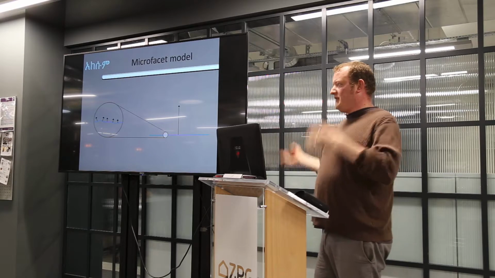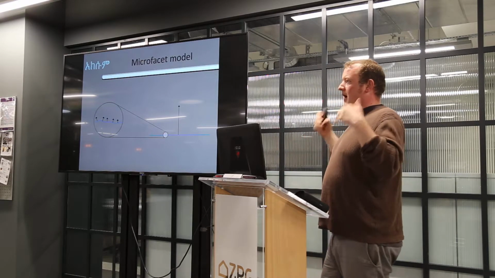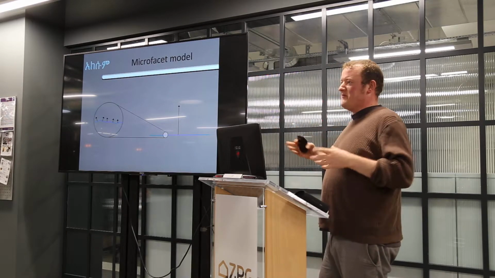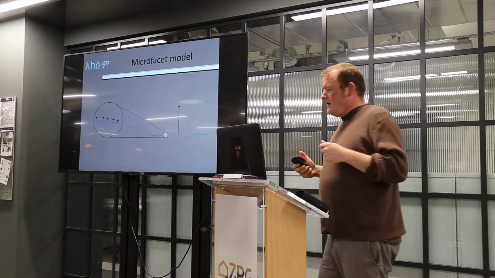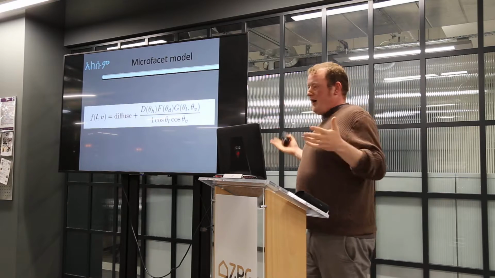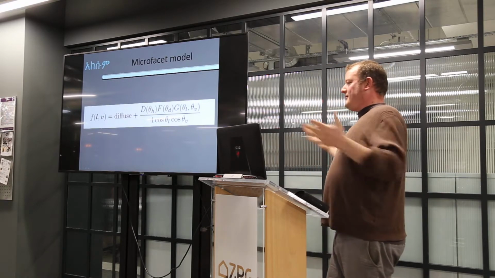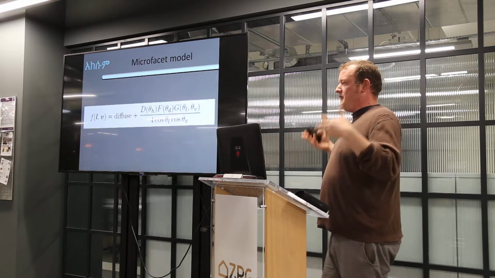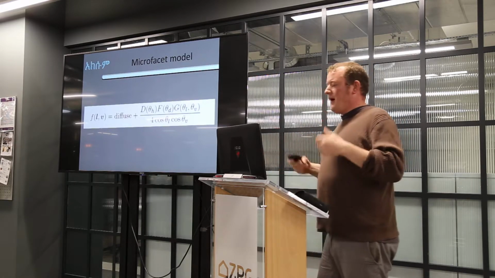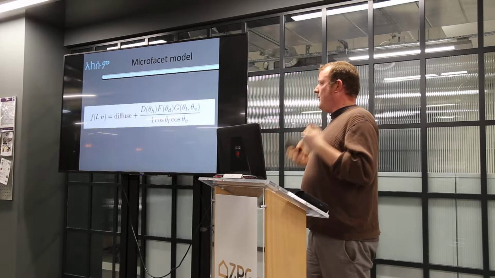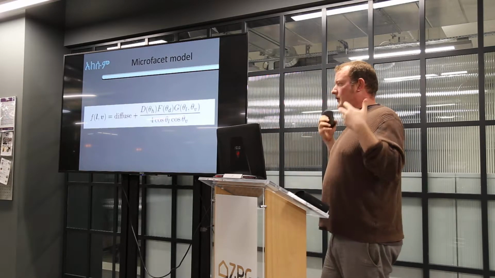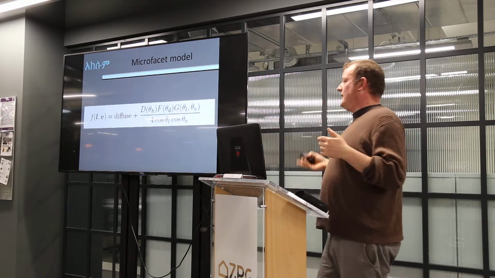This is basically the same analogy, but we're talking about how light interacts with the surface. So you can take this microfacet model and use statistical methods to come up with some equations that define your BRDF.